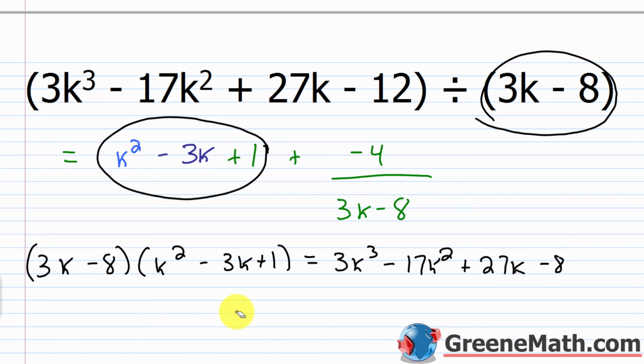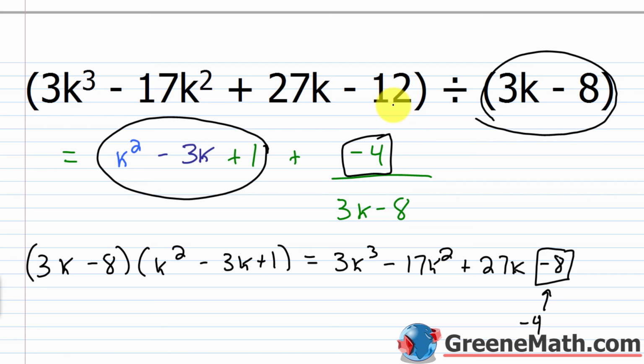So if I look at my answer here, 3k cubed minus 17k squared plus 27k minus 8, it's the same thing as this. The only difference is this minus 8 here. So why do you think that is? Again, the remainder was negative 4. So if I added a negative 4, if I said, hey, this minus another 4, this would end up being negative 12, just like it is right there, and you get your original dividend back.